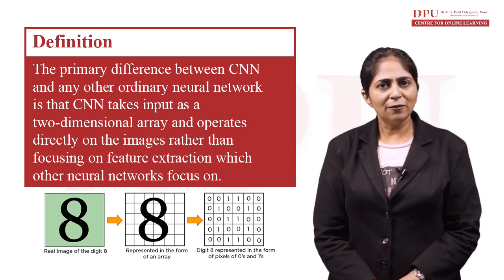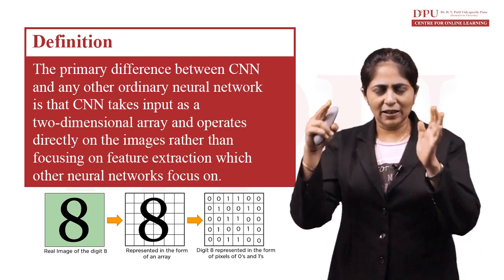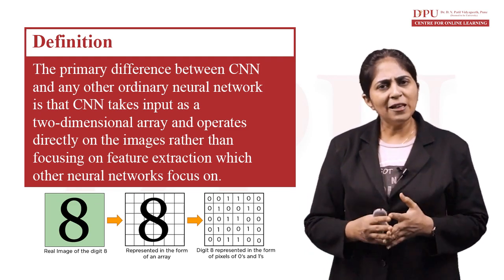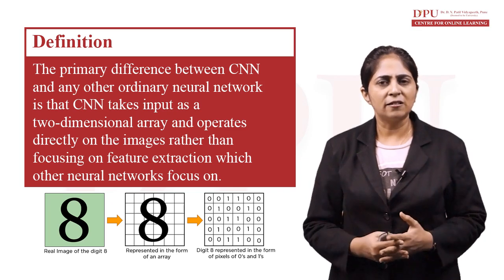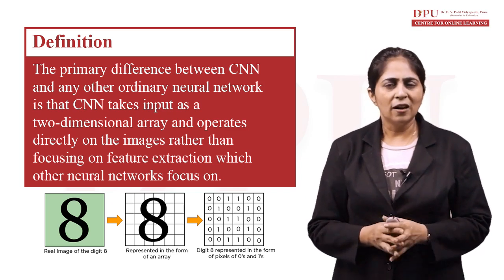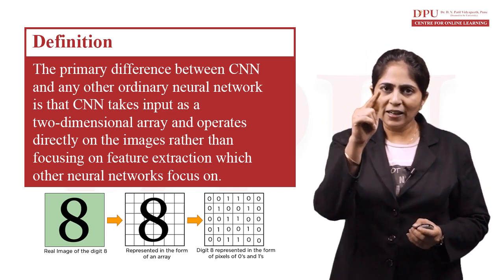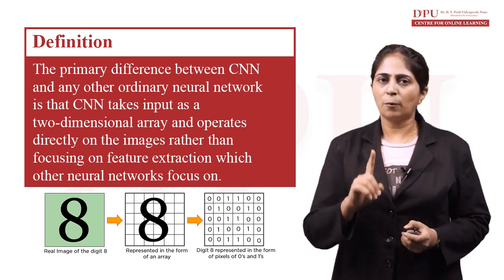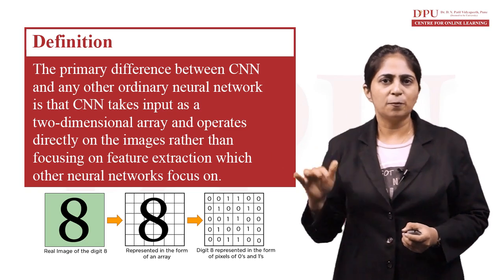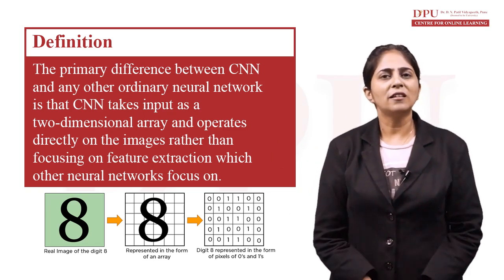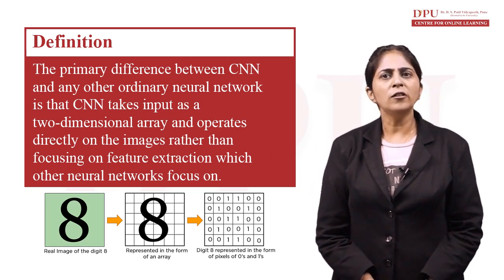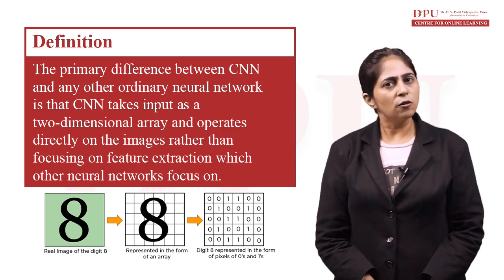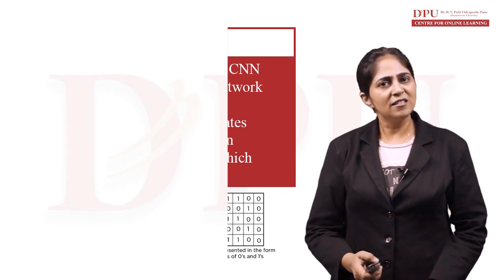Like the number 8, we make an array for that, and the digit 8 is represented in the form of pixels of zeros and ones. Wherever the number 8 appears in a particular block, we put the number 1, and wherever it is blank, we put the number 0. That is how the representation is done in the form of pixels of zeros and ones in our CNN.